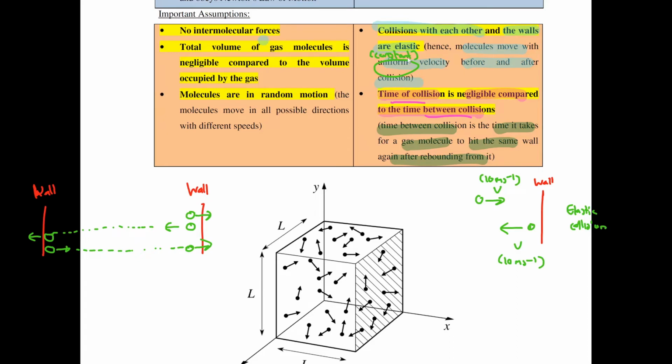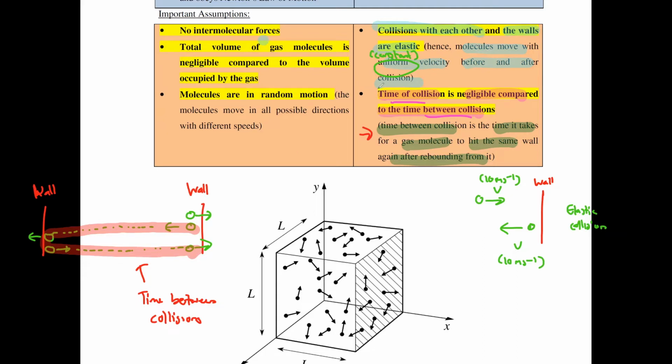So the time that it took for your gas molecule to rebound away from the wall, go to the other wall, and then bounce back to hit the same wall, this is what we mean by time between collisions. In other words, it's just the time taken for your gas molecule to hit the same wall after rebound. That's what this statement is trying to tell you.